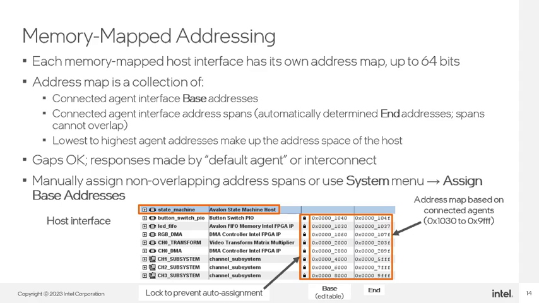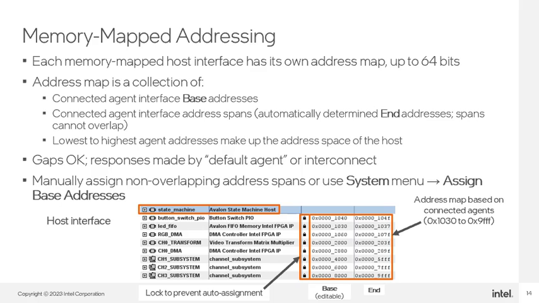The address span of each agent interface is determined by the lowest or base address assigned to it within the connected host's address space and the size of the component's addressable register map for the interface, defined by the component itself. As connections between host and agent interfaces are made, Platform Designer automatically populates the base and end address of each agent interface.